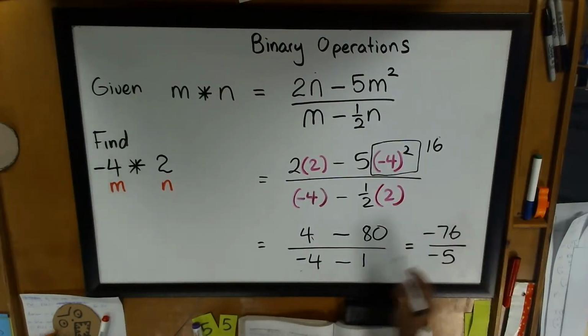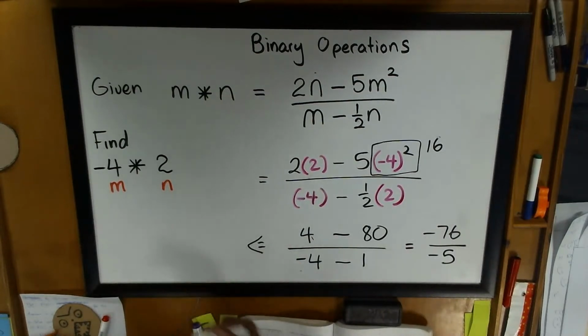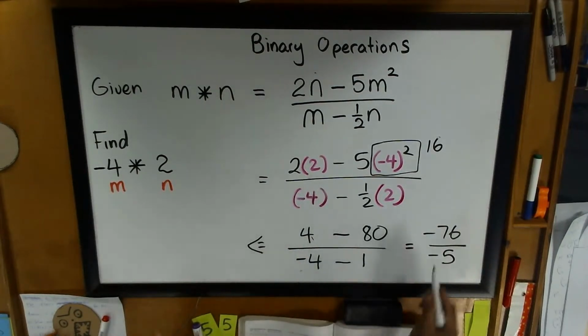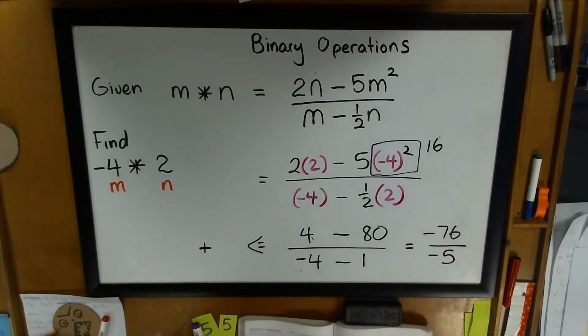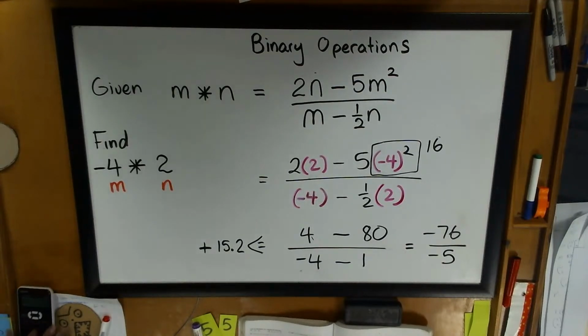I ran out of space here, so I'm going to put my final answer here. When you divide 2 minuses, you will get a positive. 76 divided by 5 is 15.2. All right, guys? So I think this is more than enough in terms of the difficulty level to get you through your CXC exam.